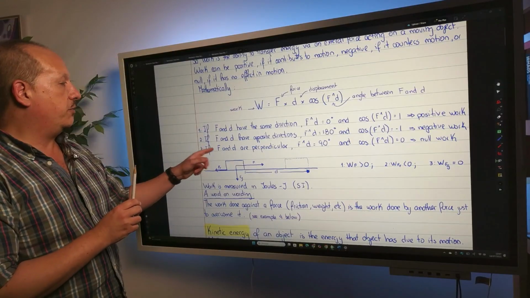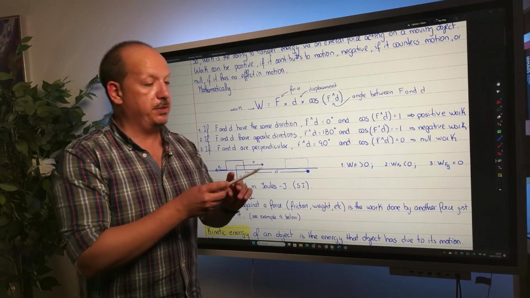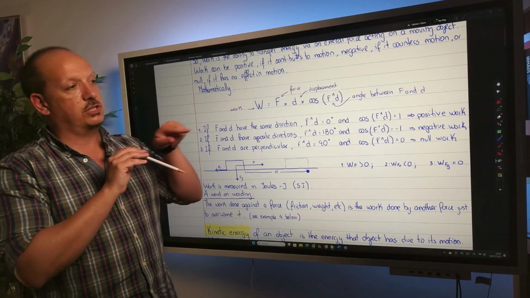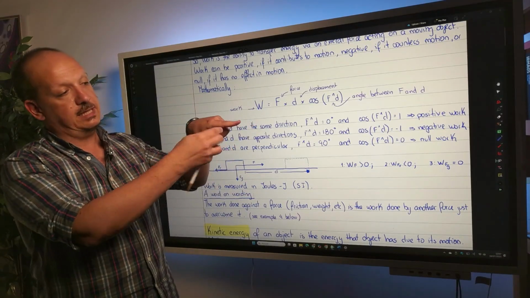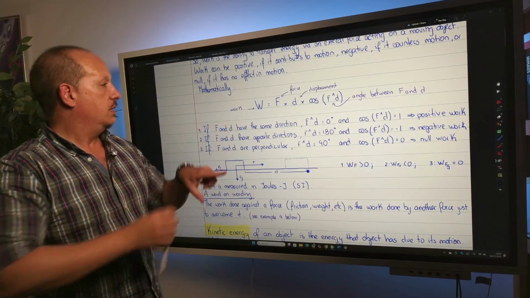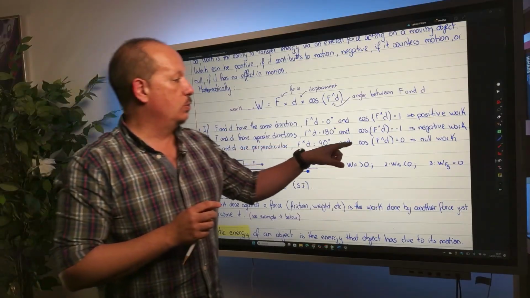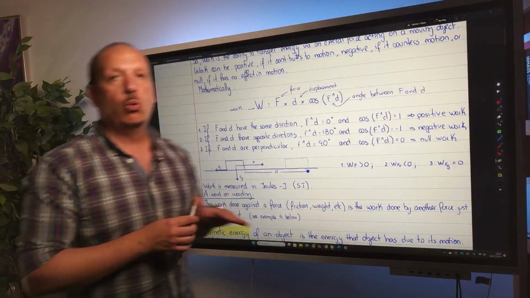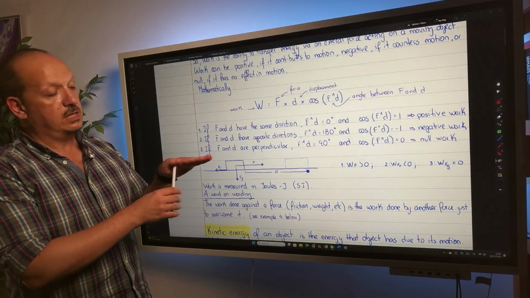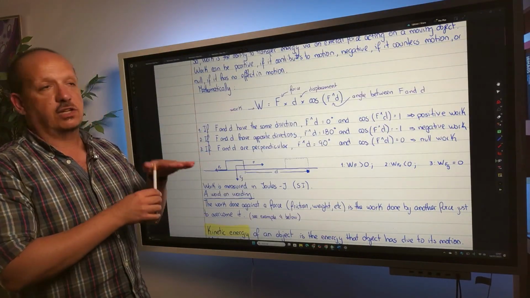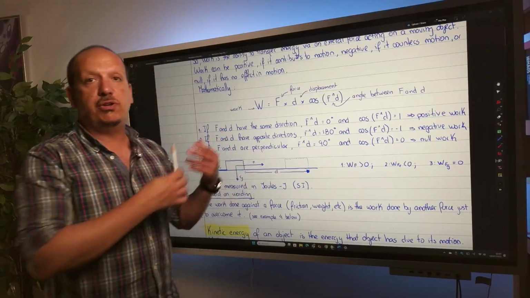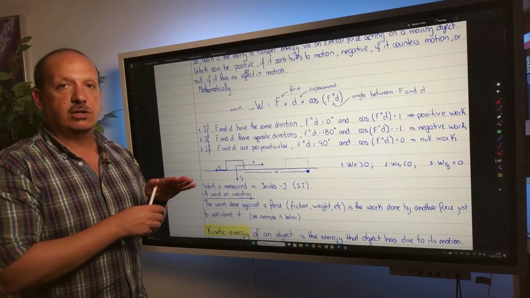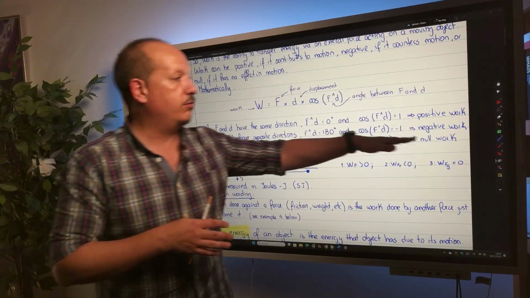On the other hand, if the force and the displacement are perpendicular, let's say that the object is going that way, but the force is like this, making a 90-degree angle, this means that the cosine of 90 is 0, as you know, and you'll have no work. It means that this force is not contributing or taking energy out of the system. You have no work.